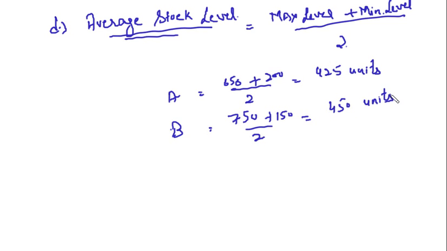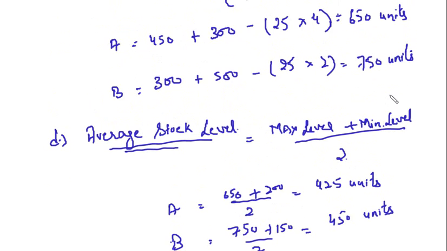On an average during a year, you must have this much inventory in your store, for A and for B. Clear, friends? So this is our average stock level, that is the maximum level plus the minimum level divided by 2. Clear this problem?